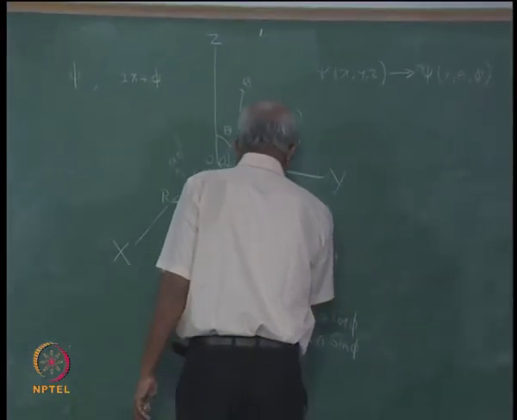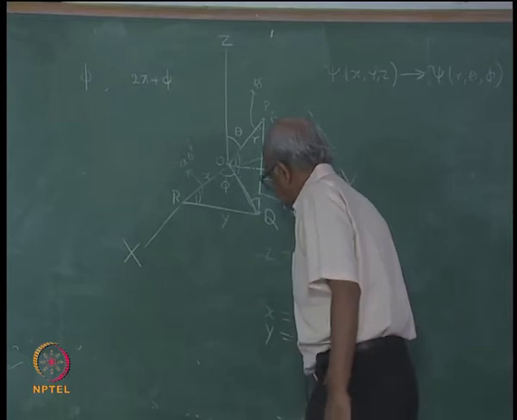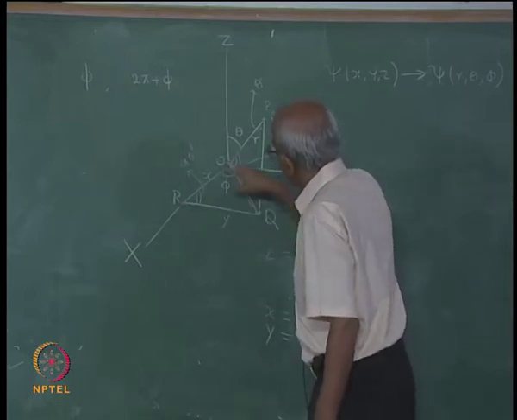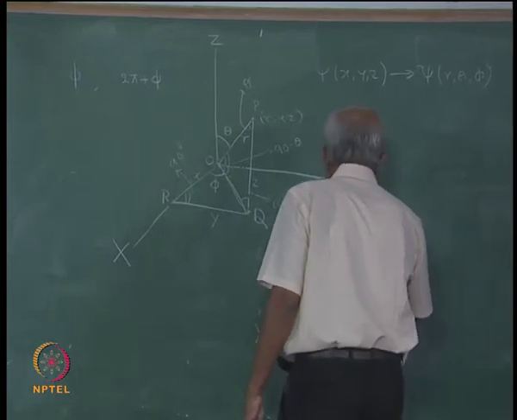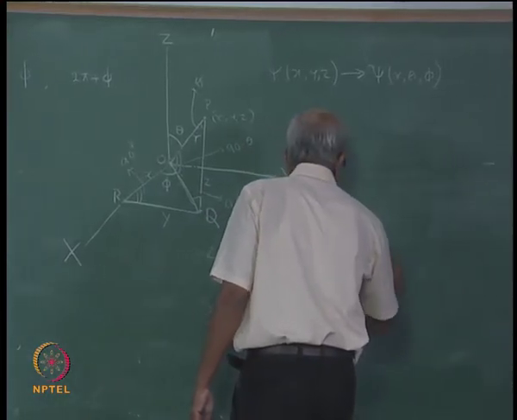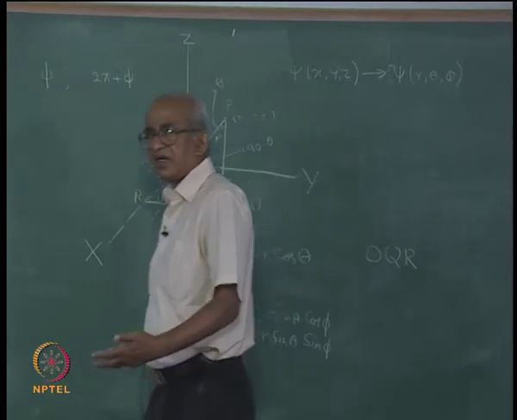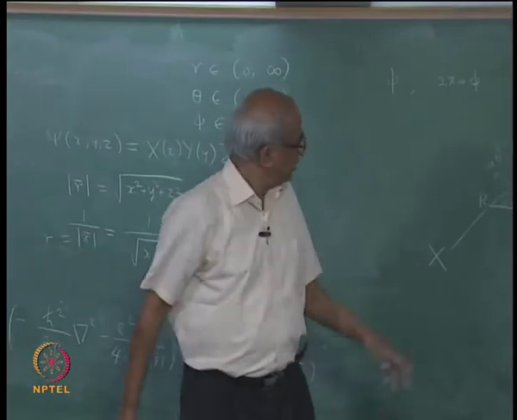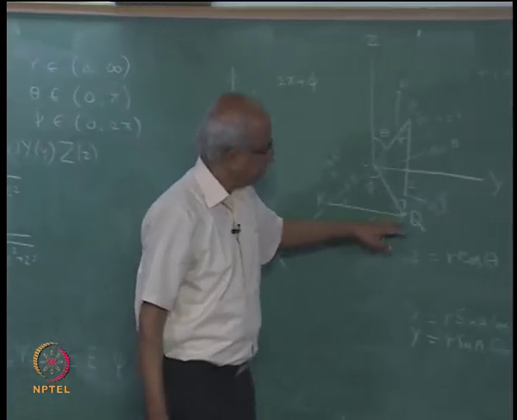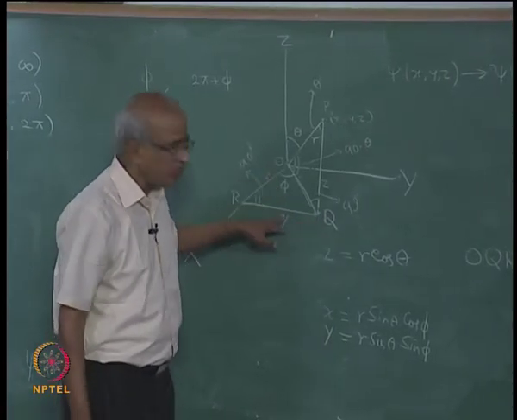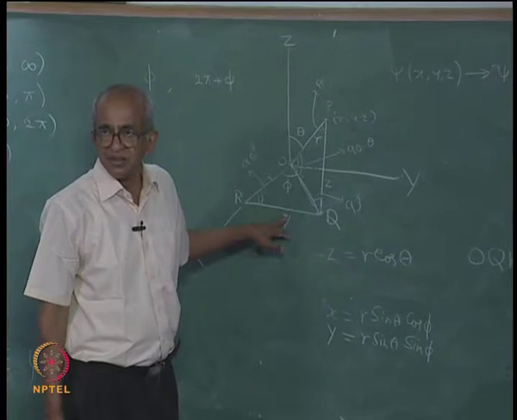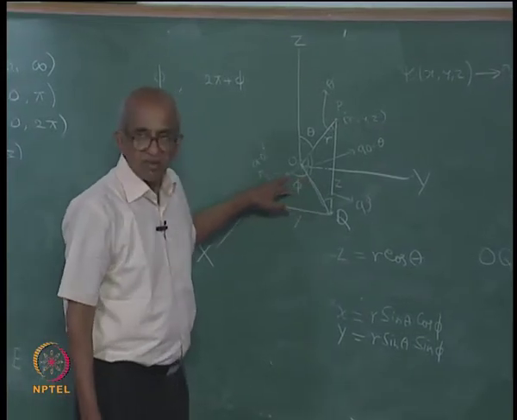So, this is essentially very simple trigonometry. All that you need to do is worry about this triangle. What is the triangle? Actually, OQR. If you worry about that right angle triangle, realize that OQ is its hypotenuse, and x and y are its sides, and this angle is equal to phi.